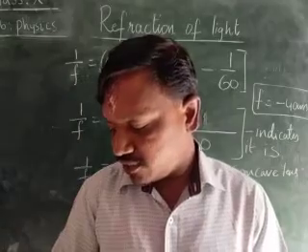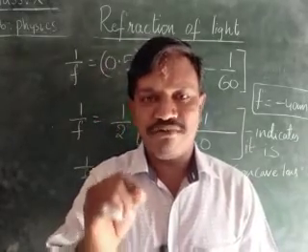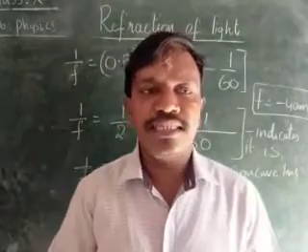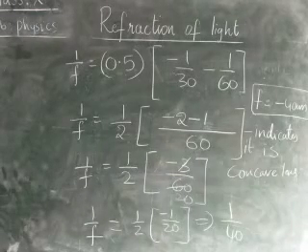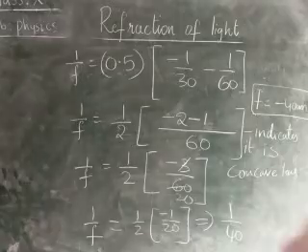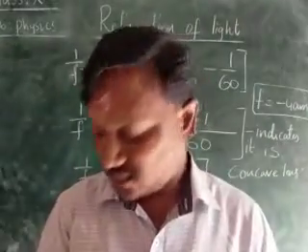Next we have the optic center. It is the center of the lens. Next he is asking about the principal axis. The line passing through the optic center and the center of curvature is called the principal axis.